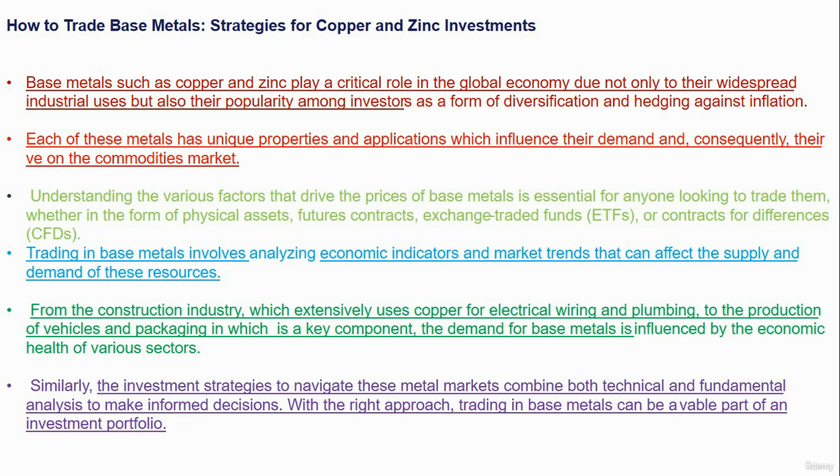For doing trading in metal, a trader has to analyze economic as well as market conditions or market trends, so he will be aware how this is impacting demand and supply. In the construction industry, in electrical wiring and plumbing, copper is used, and this is used in vehicles also and packaging.